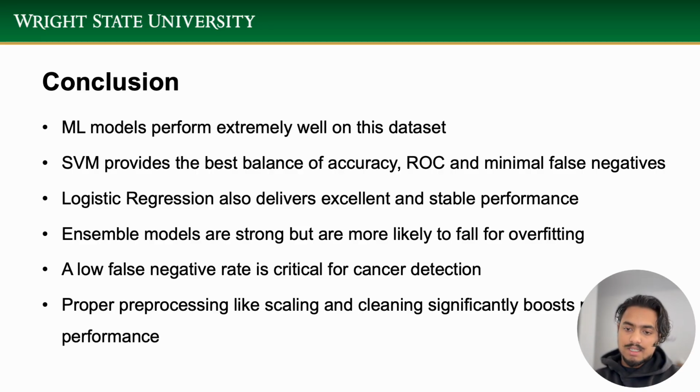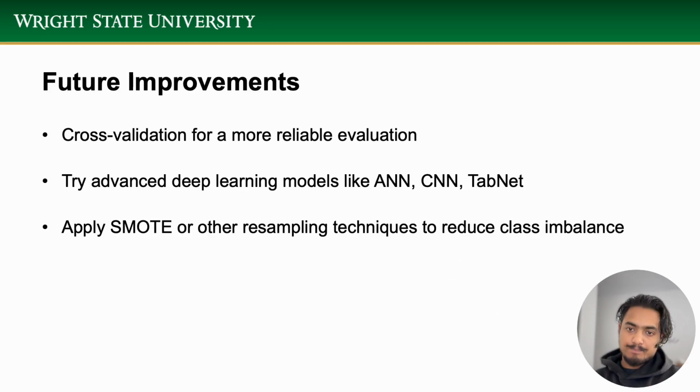Ensemble-based models such as random forest and XGBoost perform well but show slight signs of overfitting. Overall, the experiment highlights how crucial preprocessing, such as scaling and cleaning the data, is for achieving high model performance in medical predictions.